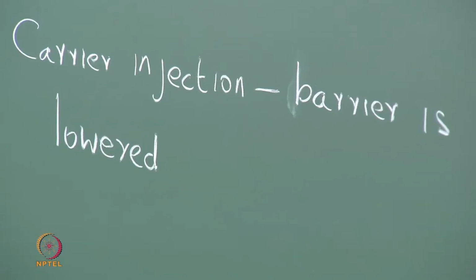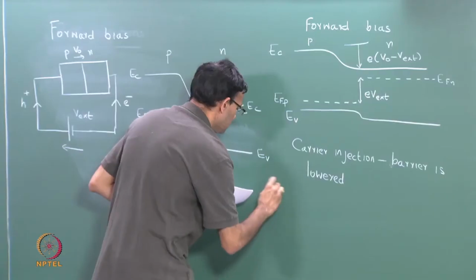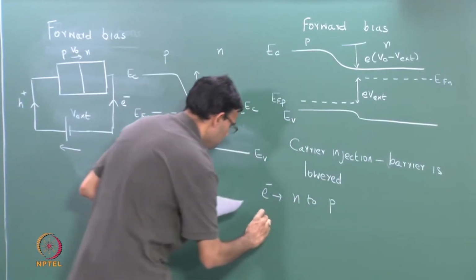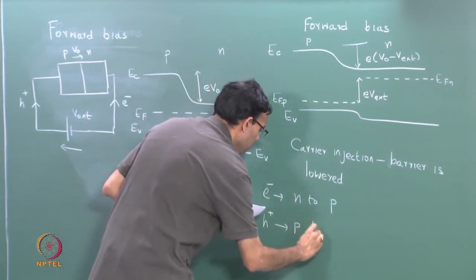So this carrier injection, if you look at it, you have electrons going from N to P, holes going from P to N.